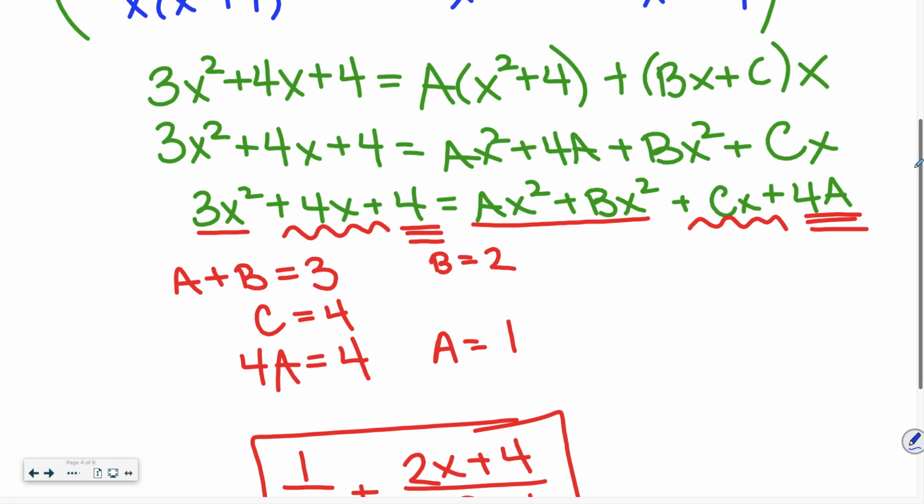Okay, so in my opinion, if you have linear factors, stick with the zero out method. If you have quadratic factors, you have no option but to do the comparing coefficients.